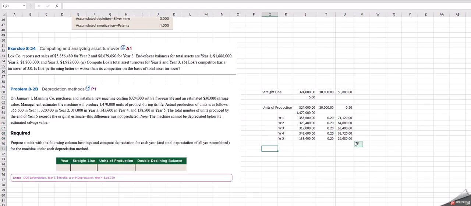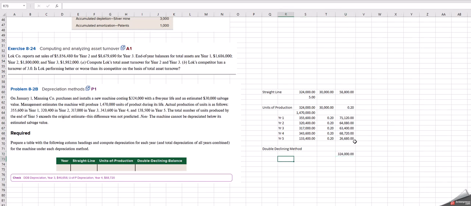Okay, then our final method is our double declining. And then we're going to start with our balance of the 324,000. And then we are going to say, okay, for year 1, our straight line method is 1 divided by 5.